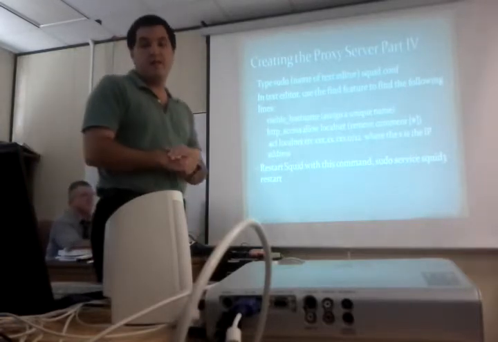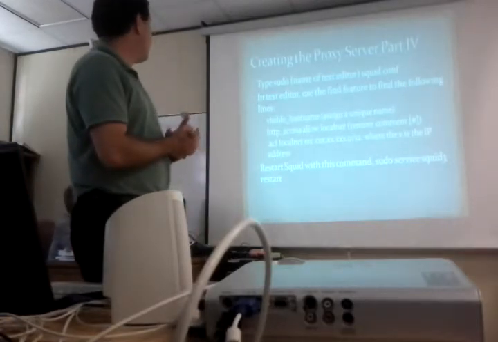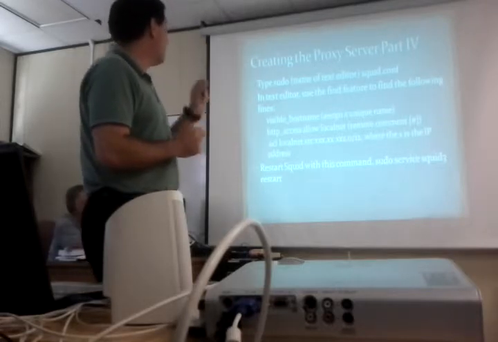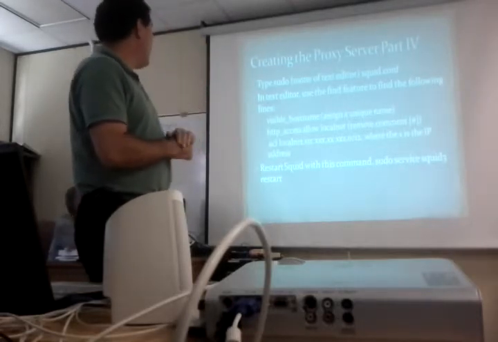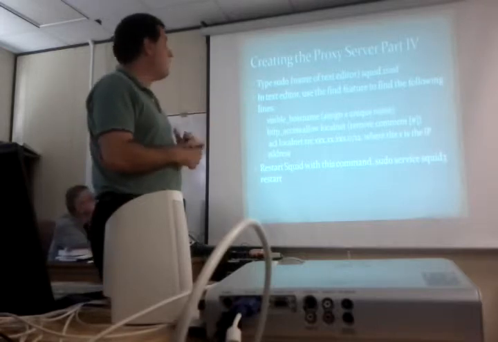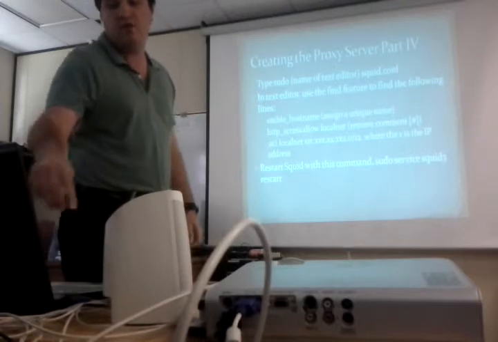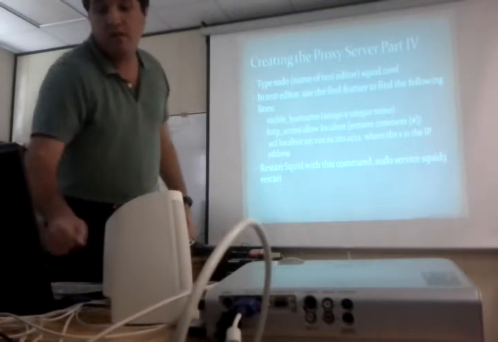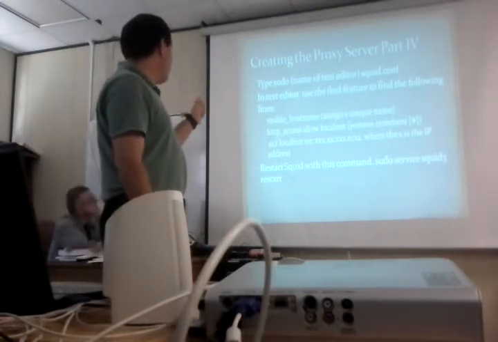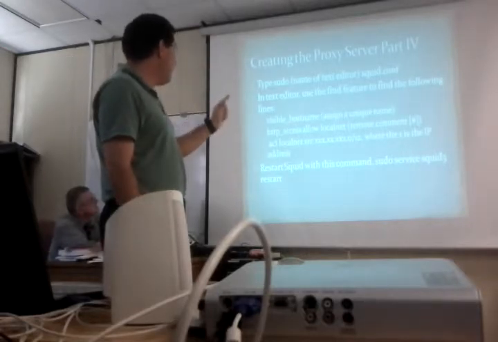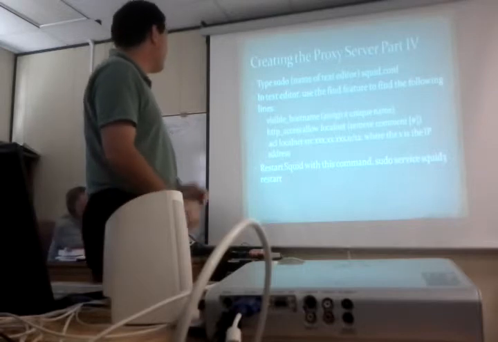And the next thing to do is type sudo, then the name of your text editor, and squid.conf, and then in the text editor, we use the find feature to find the following lines: visible_hostname, and then assign a unique name, which in my case is proxy server, and then we found http_access allow localnet, and then remove the pound sign, the comment sign.